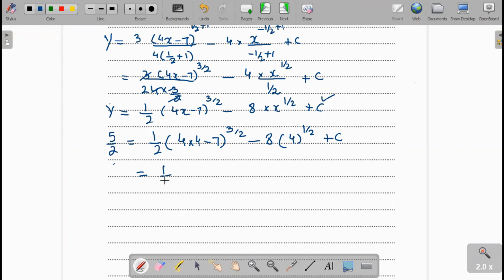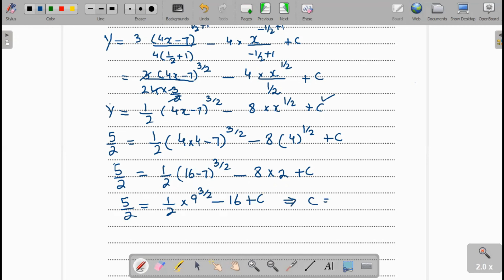Now 1/2 into (4 times 4 minus 7): 16 minus 7 to the power 3/2, minus 8 into 4 to the power 1/2, which is 2, plus c, that is equal to 5/2. Now 1/2, 16 minus 7 is 9, 9 to the power 3/2, minus 16 plus c, and therefore c will be equal to 5/2 minus 1/2 and 3 squared into 3/2, plus 16.